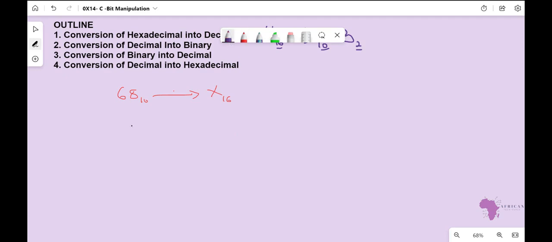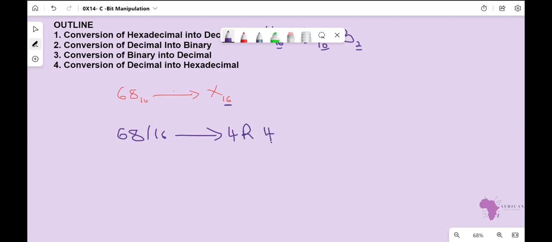First of all, to convert a decimal number, you divide by the base of the hexadecimal number. What's the base of hexadecimal? It is base 16. So let's see now. We have 68. We divide 68 by 16, which will give us 4 to give us 64, remainder 4.